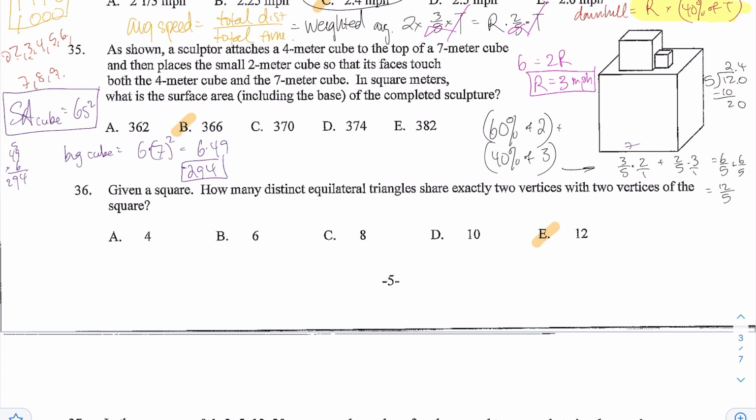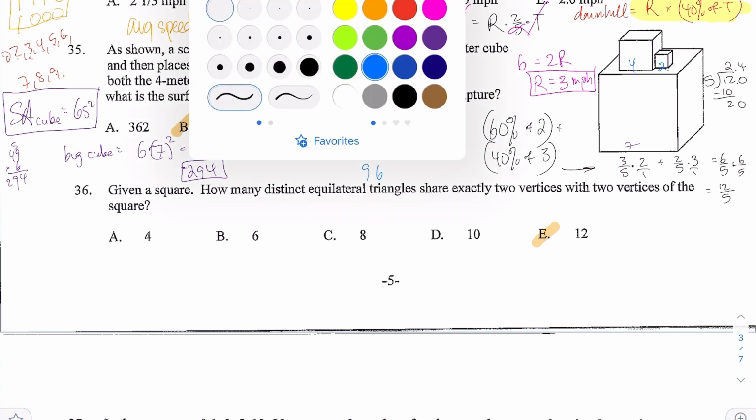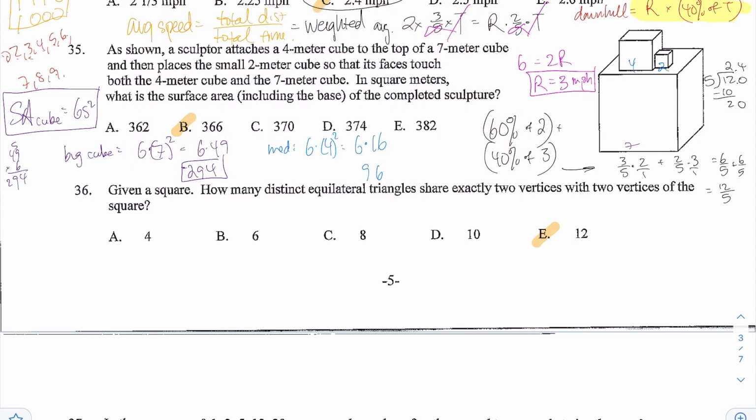Well, before we subtract, let's find the surface area of the smaller ones. So this is a side of 4, and this is a side of 2. So the medium-sized cube will be 6 times 4 squared, or 6 times 16, which is 96. And then the small cube will be 6 times 2 squared, or 6 times 4, which is 24.